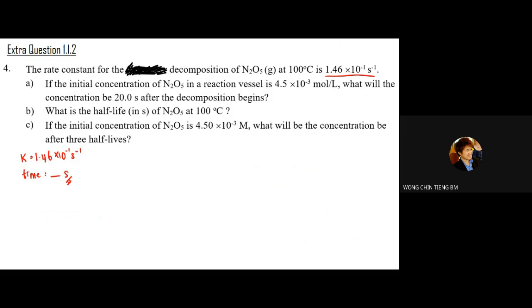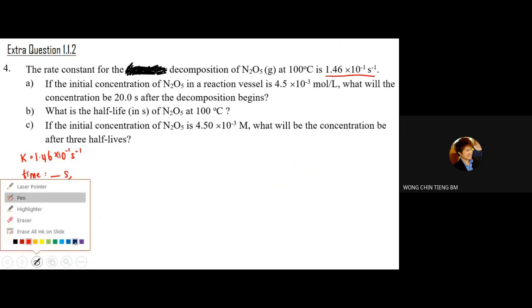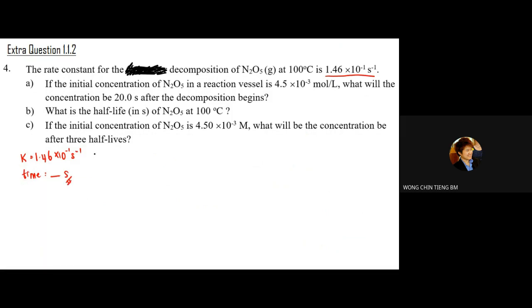In the first order, the question starts with the initial concentration in the vessel. What will the concentration be after 20 seconds? Very simple question, because the units are the same. Not a tricky question. It is first order, so let's do it directly. I will show the method; if I am wrong, let me know. ln of the initial concentration of N2O5, minus ln of N2O5 at time t, equals kt.